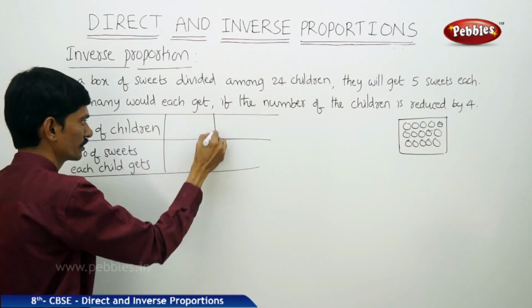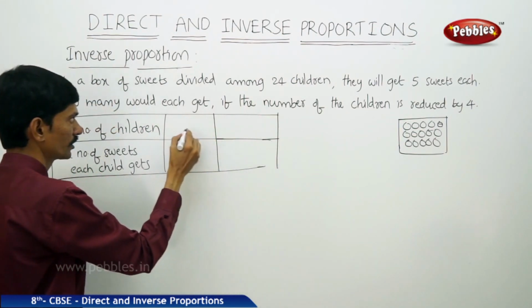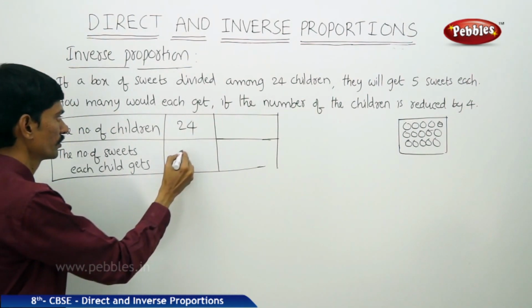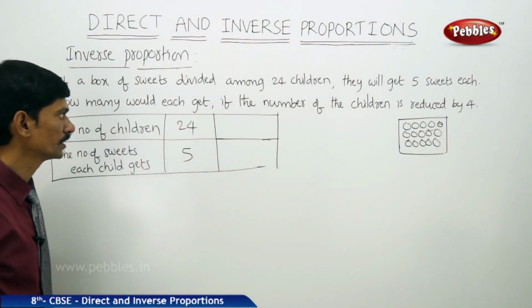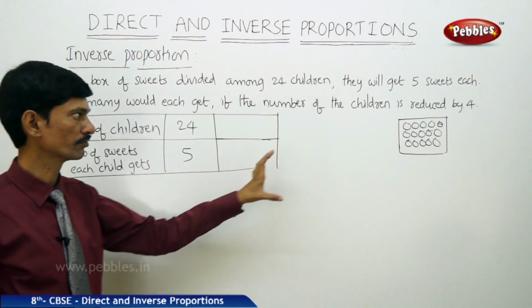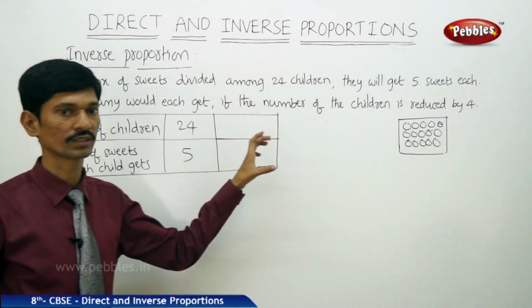But here there is a fixed number of sweets in the box. If 24 children are there, then each child gets 5 sweets. Means we can understand that 24 into 5, 120. So there are only 120 sweets in the box. So the number of sweets is fixed here.